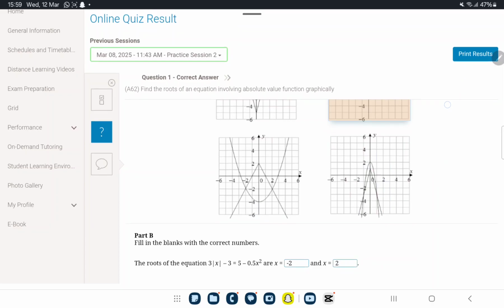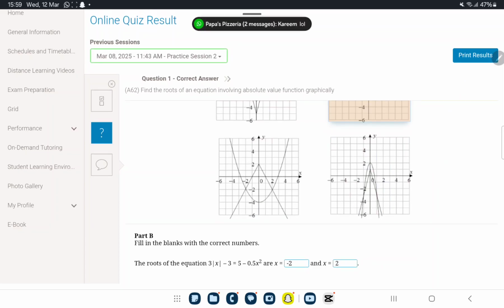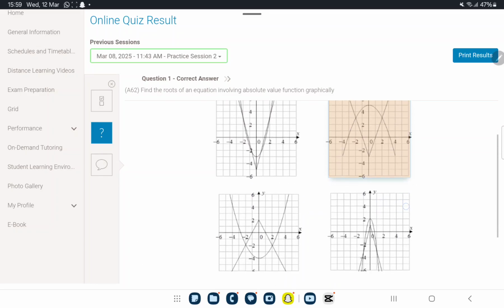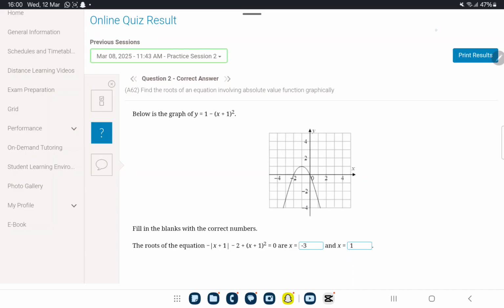And then part B, it's when they're asking for the roots of the equation when the two graphs are equal to each other. So when they intersect at x equals minus 2 and x equals 2. Here they only graphed one equation, the quadratic one. They gave you the equation for it.